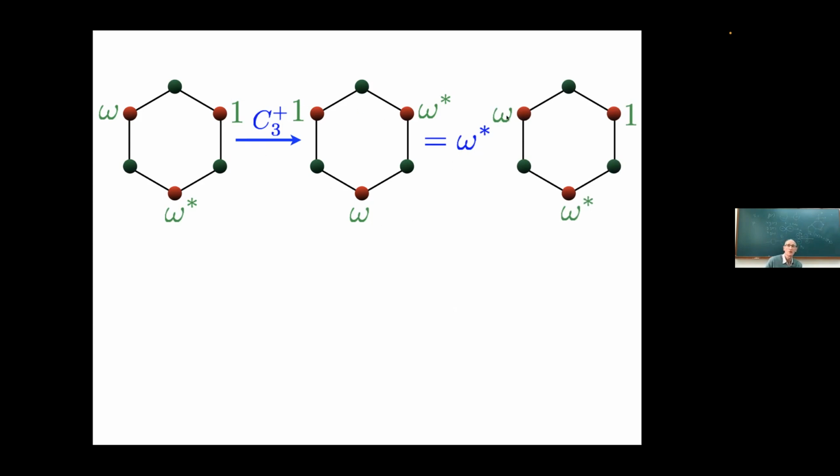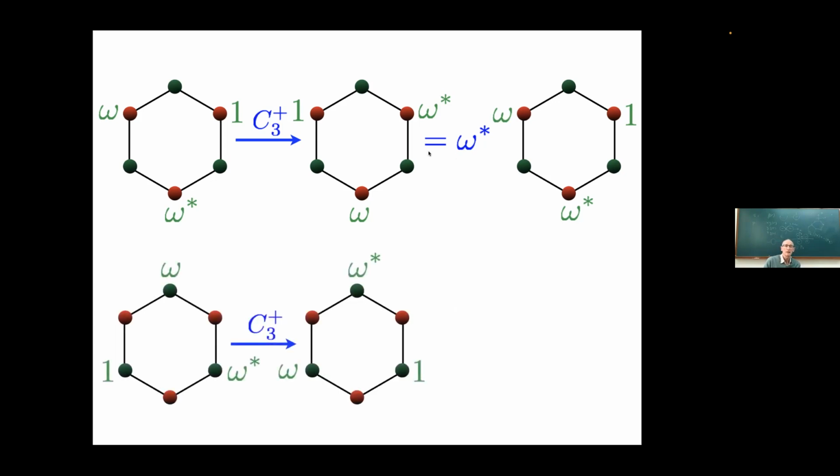Why? Because you see omega times omega star times omega star gives you 1. Omega star times omega star is omega star squared, which you can check is omega. And omega star times 1 is omega star. So when I rotate this Bloch wave, it picks up a non-trivial phase. It's still the same Bloch wave, but with a phase.